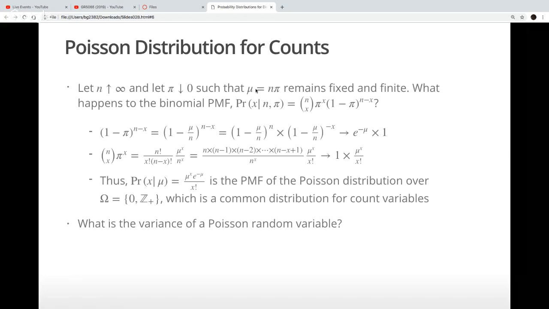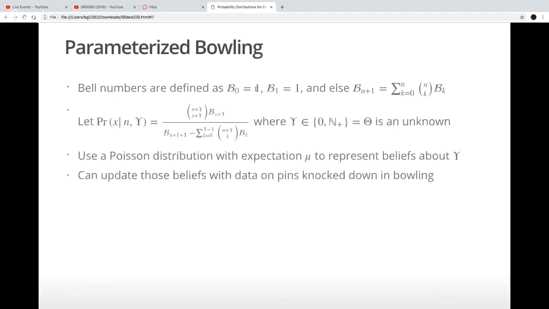So in a Poisson distribution, the mu may very well be unknown, something we might want to estimate. And we can move on to how to do that. So previously we used the ratio of Fibonacci numbers to give us a probability mass function for bowling. We can do the same sort of thing with the so-called Bell numbers, which you may not have heard about before.